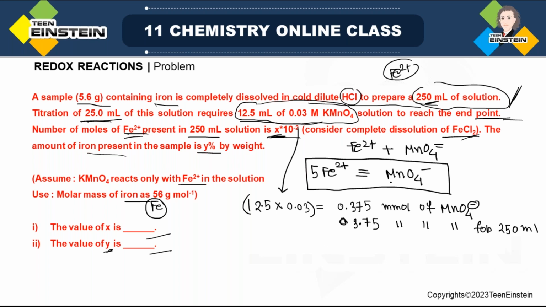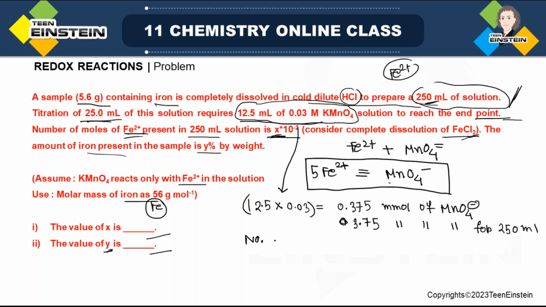Now you have to remember, for each mole of MnO4 minus, the corresponding moles of Fe2 plus is 5 times. That is why, if you want to get the number of millimoles of iron, you have to convert it to moles of Fe, and for that you have to multiply by 5.